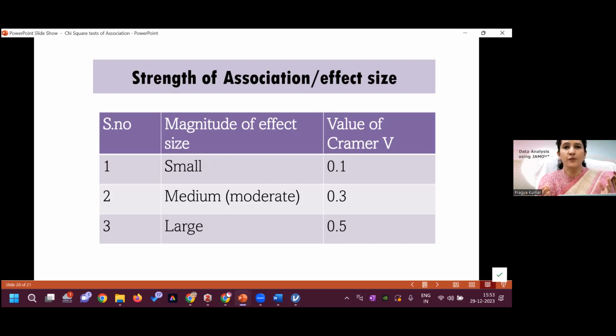So these days you will see that it is not only the statistical significance, because always we talk about this p-value, significant, confidence interval, narrow confidence interval, and p-value less than maybe 0.01 or 0.05.